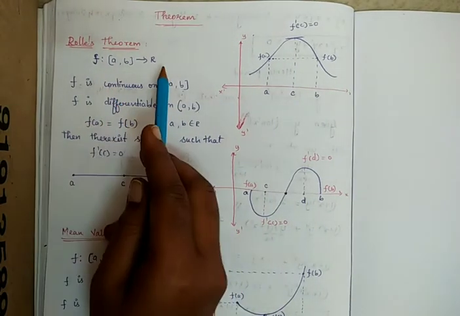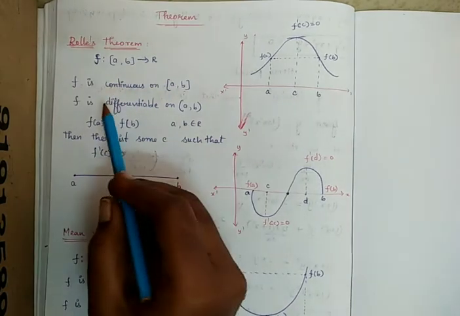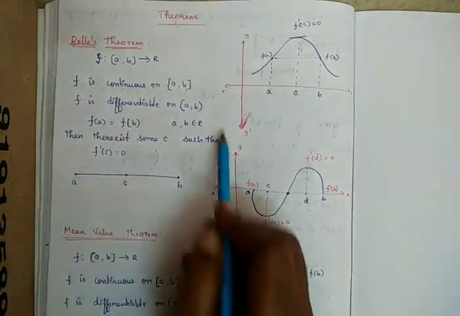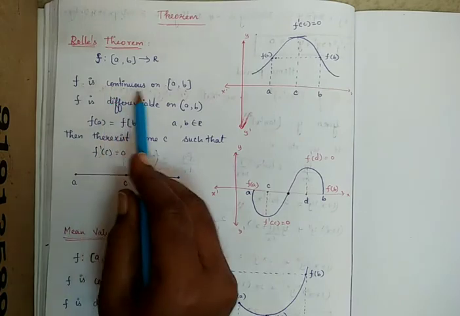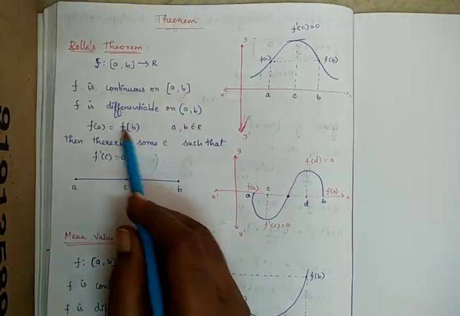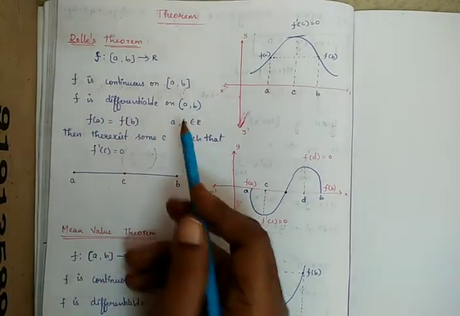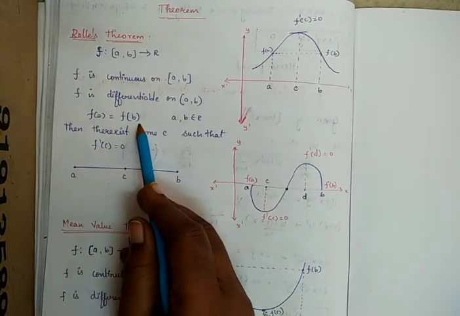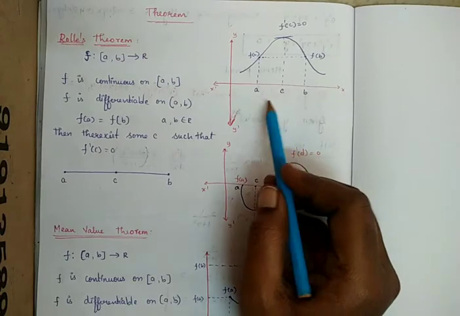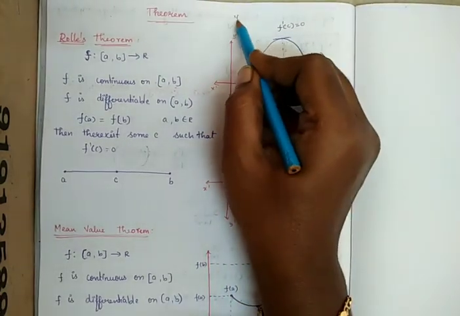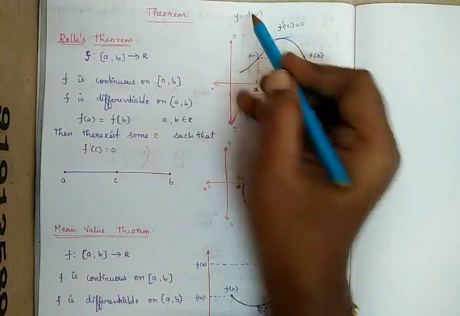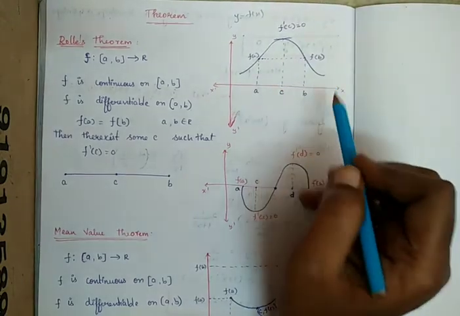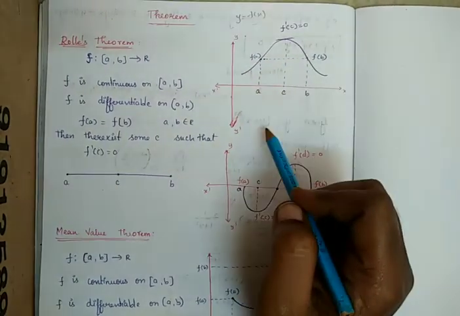This is the function we are taking, and this is the definition here: f is continuous on the closed interval [a, b] and differentiable on the open interval (a, b), with f(a) equal to f(b). Now let us assume that we have taken a function y = f(x), and I got a curve for this function.